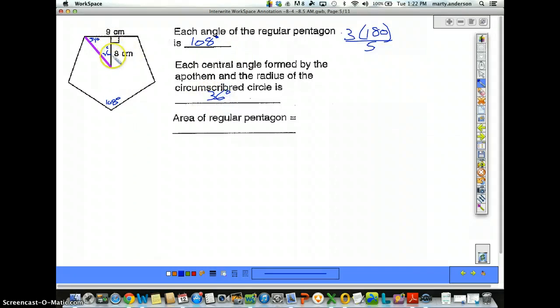That's the apothem, and that's the radius. We call it the radius of the circumscribed circle. This is also called the radius of the pentagon here. Area of the regular pentagon will be area equals 1/2 times the apothem times the perimeter.